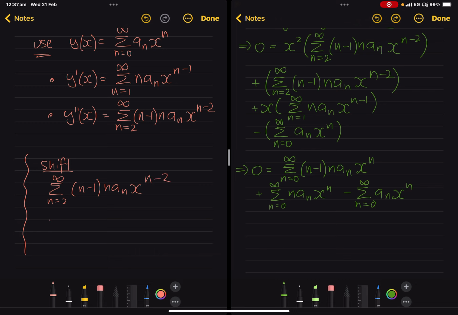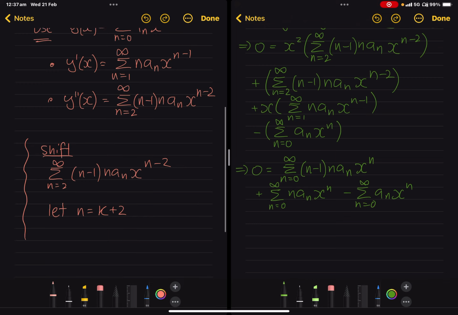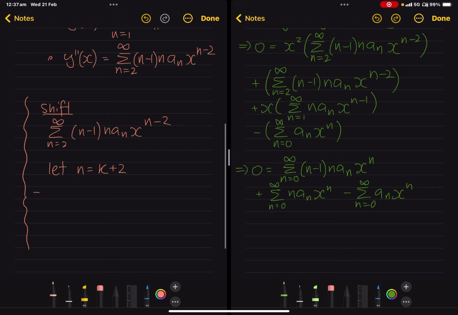What we're going to do is let n equal k plus 2, because k plus 2 minus 2 will give us a power of k. When we do this, this becomes the sum from k plus 2 equals 2, that is k equals 0, up to infinity, of (k plus 2 minus 1), that's k plus 1, times (k plus 2) times a subscript k plus 2 times x to the k.